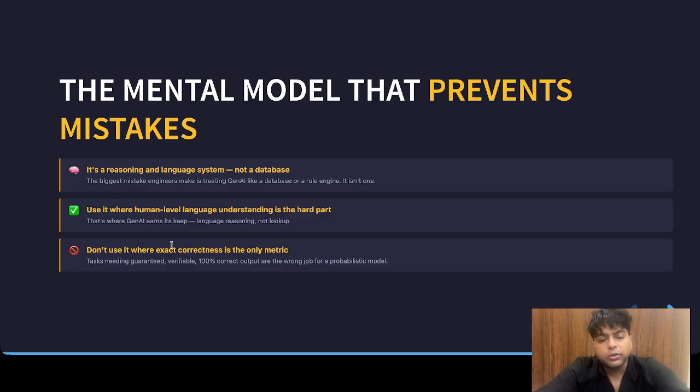Third, don't use it where exact correctness is the only metric. Tasks needing guaranteed, verifiable, 100% correct output are the wrong job for a probabilistic model. It might be correct at temperature 0, but you can't be 100% sure. You should have a human in the loop or some other way to measure the result.